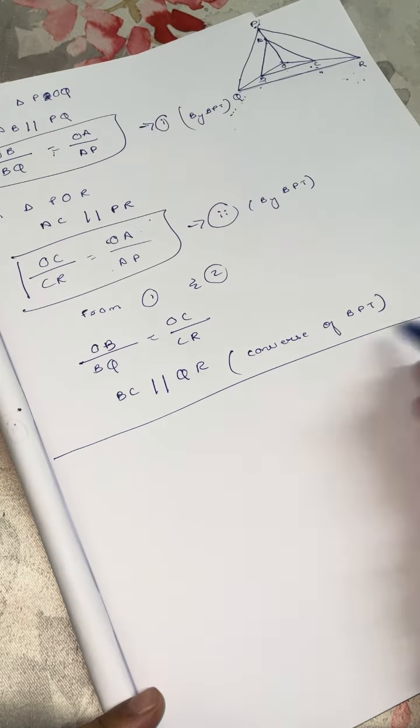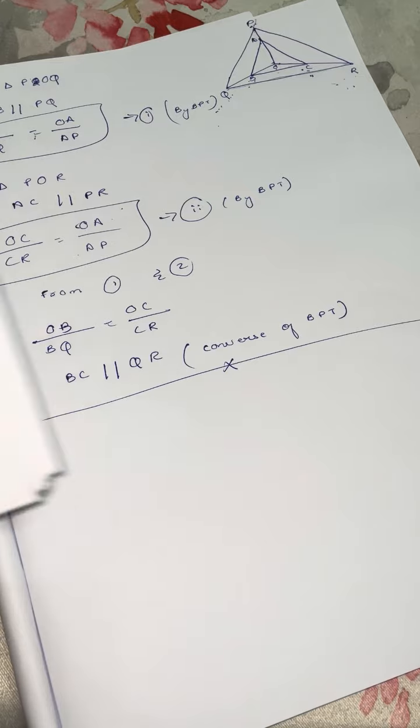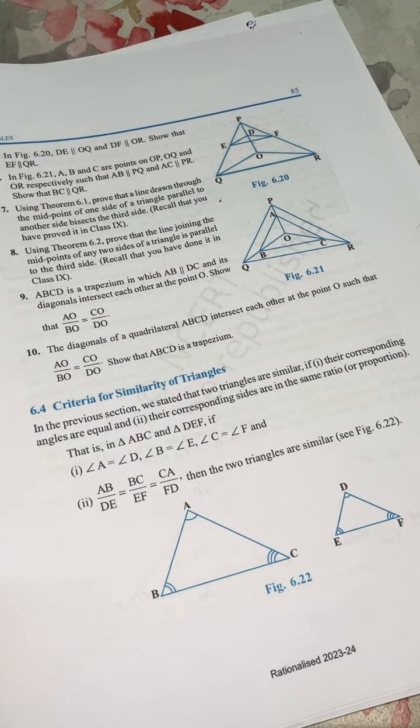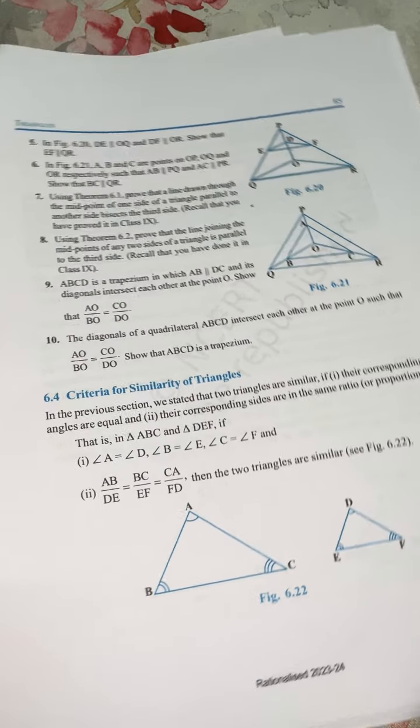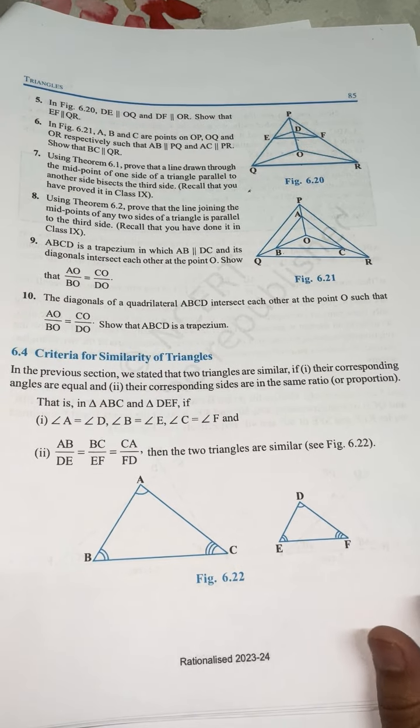Here, this theorem is theorem 6.1. You have proved that a line drawn through the midpoint of one side of a triangle, first and foremost we need a triangle. This triangle is named ABC. A line drawn through the midpoint of one side of a triangle.